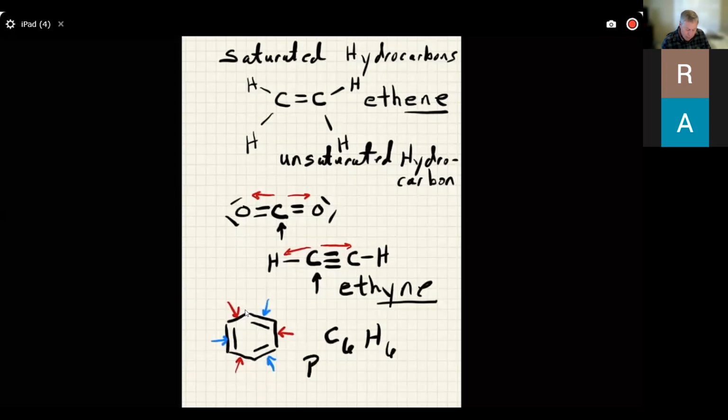Very important. I know it ends in ENE, but it's not an alkene. Benzene used to be a commercial solvent, and we used to use it all the time when I was an undergraduate in the laboratory, to clean glassware. Very common solvent for reactions. Unfortunately, later on, it was discovered that benzene is carcinogenic.